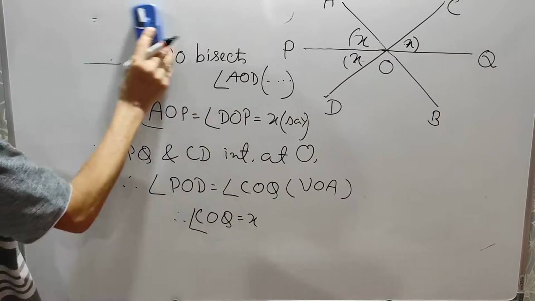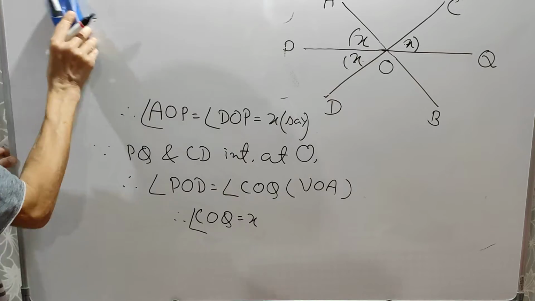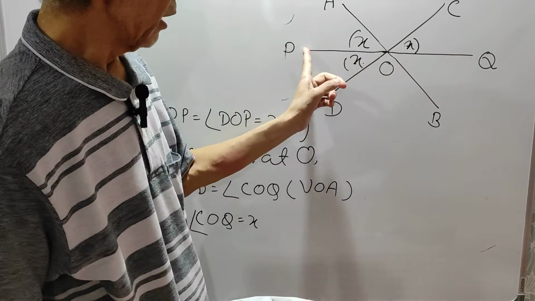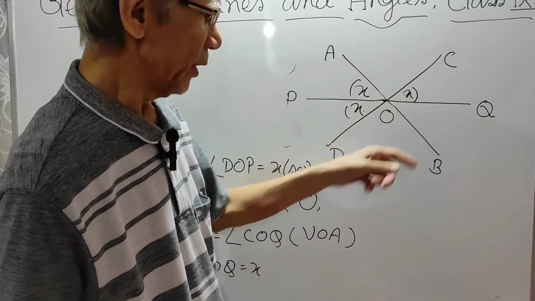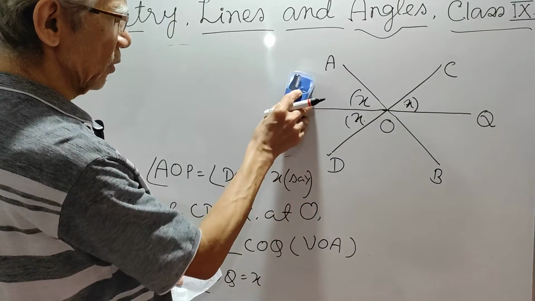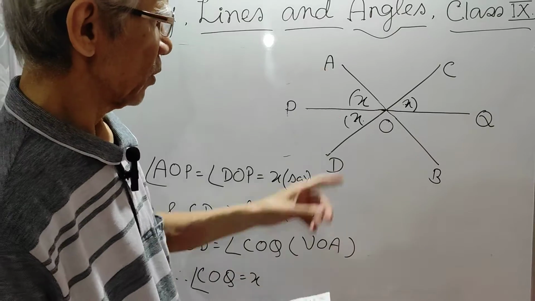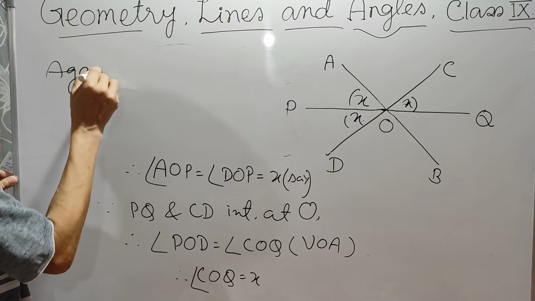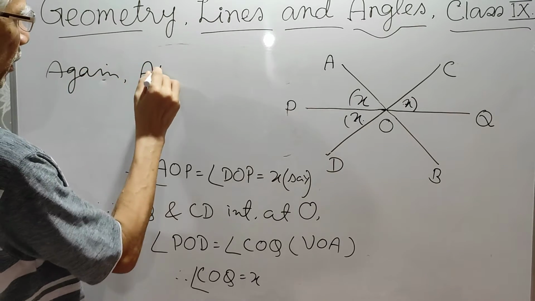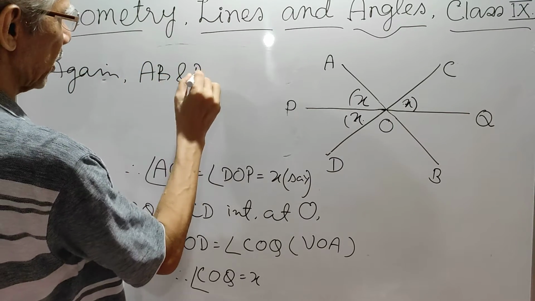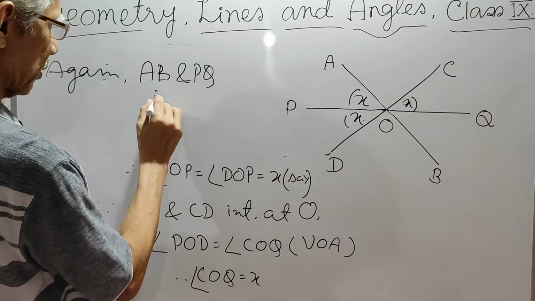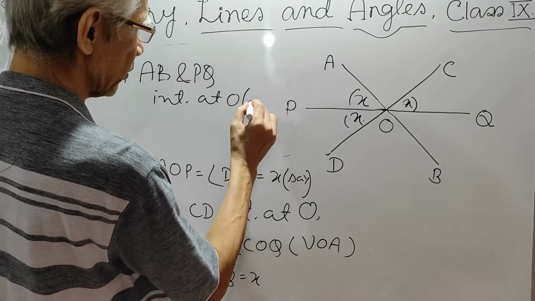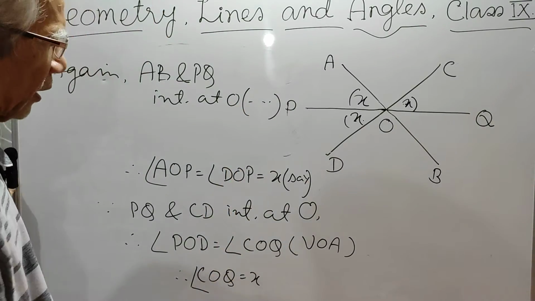Similarly, you see, these two straight lines AB and PQ intersect at O. And that is given, so you write in the exam given.